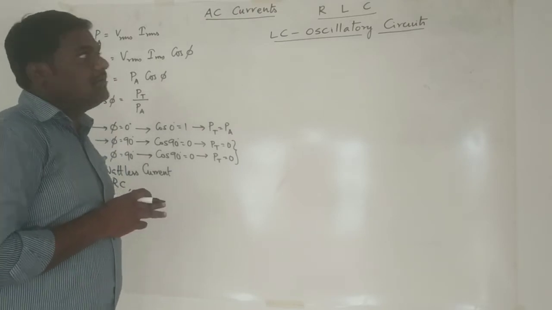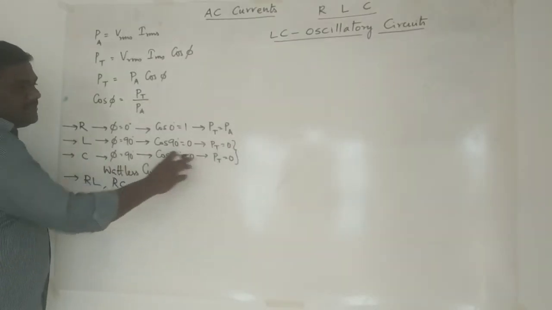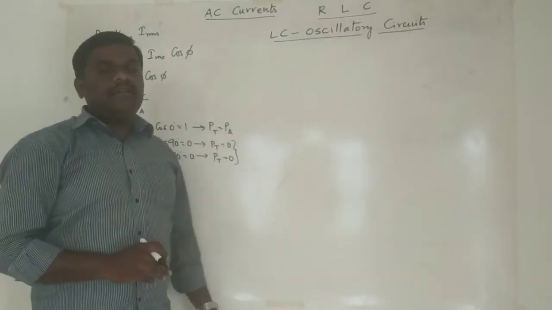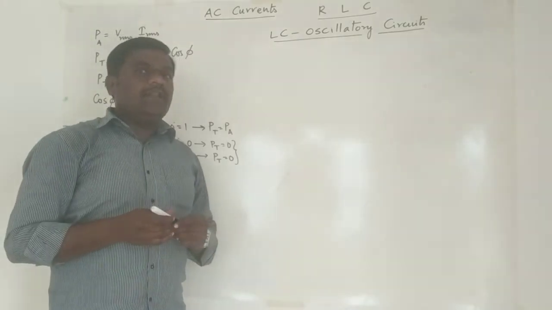See here, if you take either an inductor or a capacitor, the power consumption by those elements is 0. Then, if you take such two elements, join them in series and give some electric power supply to either the capacitor or the inductor, since power consumption is not done, power will start moving from capacitor to inductor, inductor to capacitor.